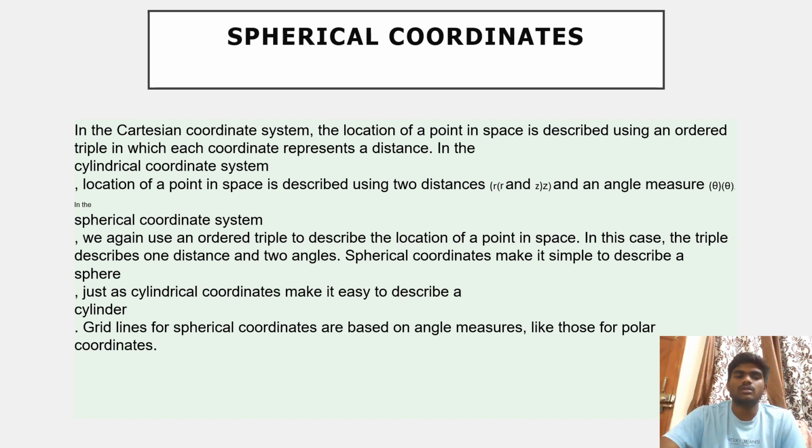In the spherical coordinates, we again use an ordered triple to describe the location of a point in space. In this case, the triple describes one distance and two angles. Spherical coordinates make it simple to describe a sphere, just as cylindrical coordinates make it easy to describe a cylinder. The grid lines for spherical coordinates are based on angles measured like those for polar coordinates.